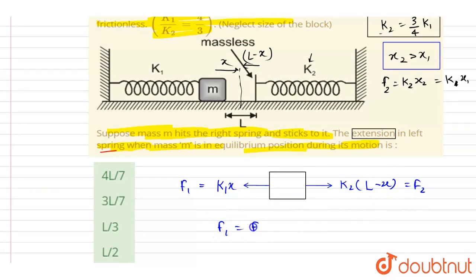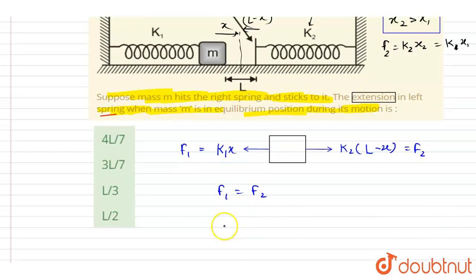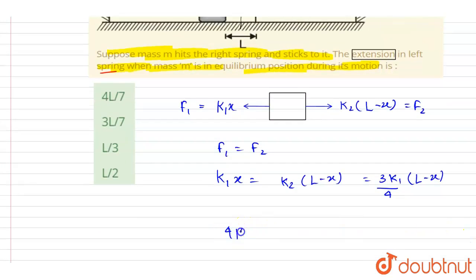So I will equate the two, and K1 x is equal to K2 (L minus x). K2 we already have seen, it is 3 by 4 K1. So if you cross multiply, you will write down 4 K1 x is equal to 3 K1 (L minus x).